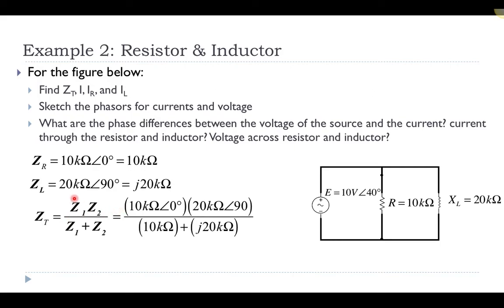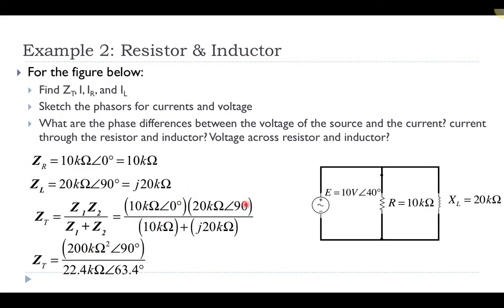So if I plug in the impedance of the resistor and I multiply that by the impedance of the inductor, and then I divide by the addition of these two values, I can multiply the 10 by the 20 kiloohms, and I'm going to get 200 kiloohms squared.